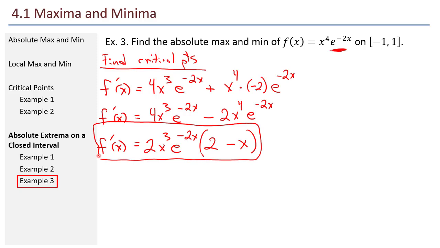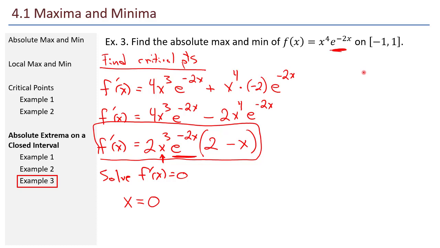Let's clean this up a little bit. Next step. Let's figure out where the derivative is equal to 0 and where the derivative does not exist. So solve f prime of x equals 0. It looks like x equals 0 is a candidate. What about this factor e to the -2x?